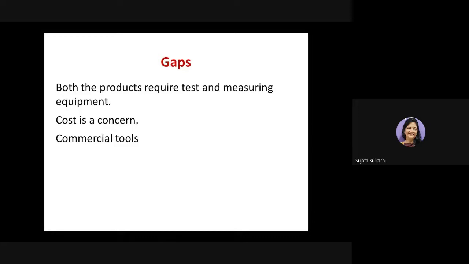The gaps: both the products require test and measuring equipment. Cost is really a matter of concern, because the majority of institutes are unable to offer such solutions, because they are commercial, right? They are not freewares.